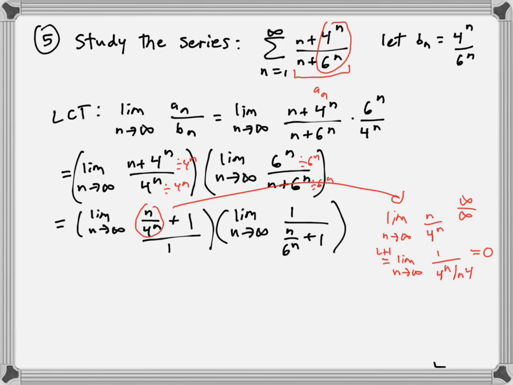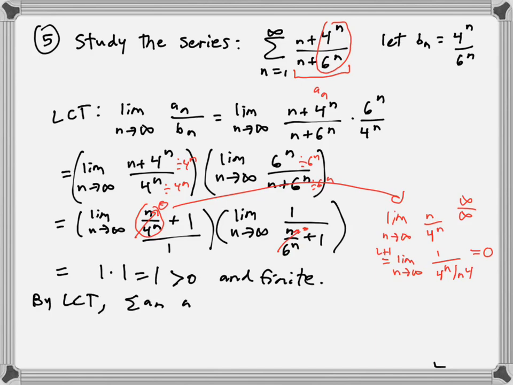You could use the same exact reasoning if that were a 6. In other words, this goes to 0 and this goes to 0. And so our limit becomes 1 times 1, which is 1, which is greater than 0 and finite. So by the limit comparison test, this series and this series behave similarly.